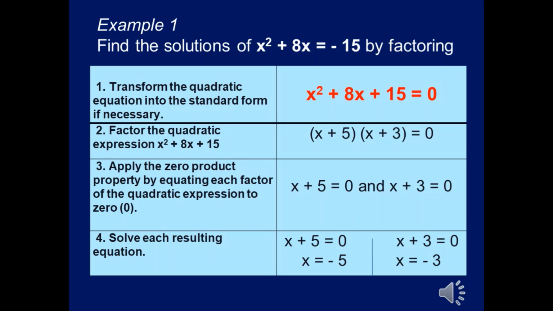Now, for the factor x plus 3, we equate it to 0, and the resulting value for x is negative 3. Now how do we know that these values for x that we have generated are really the solution to the given equation? Let's find out by checking.